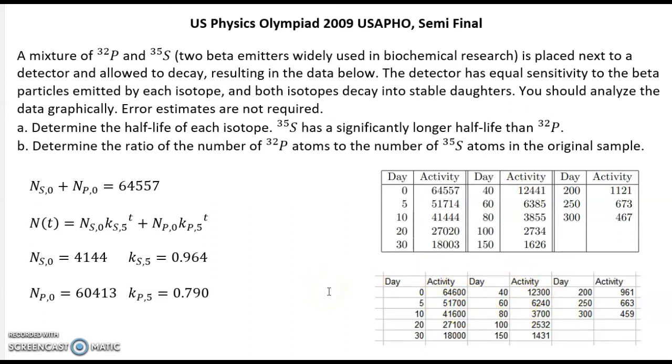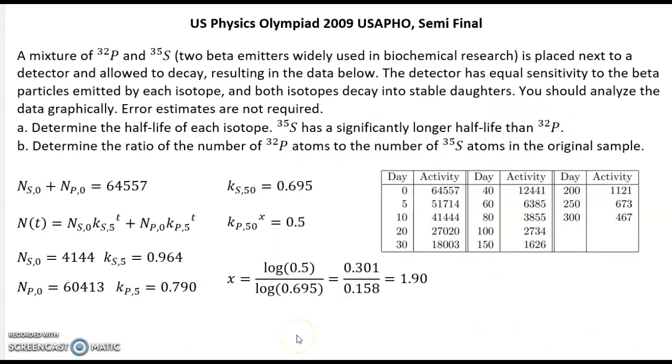The question is to count the half-life for each element. So to find the half-life period for element S, we need to use the knowledge that for 50 days the reduction was 0.695. It means that first we have to take this amount to the power x and equalize it to 0.5.